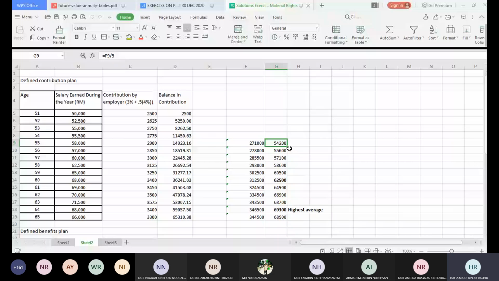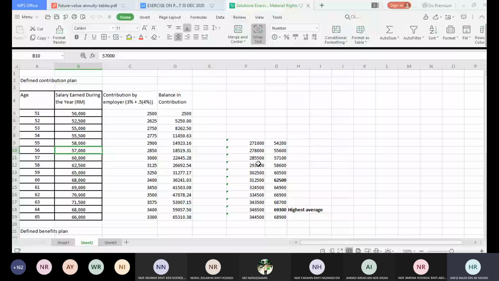Then when you move 1 year further, age 56, your average salary will be calculated over 5 consecutive years, that means from 52 until 56. So the total from age 52 until 56 is 278,000.